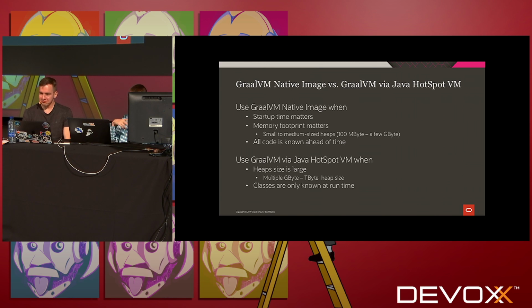What is not affected at the moment in the current version of native image is the memory payload of your application itself. So if your application has a payload where it is creating a lot of data structures, then these data structures will be the same size in native image as in Java HotSpot currently.